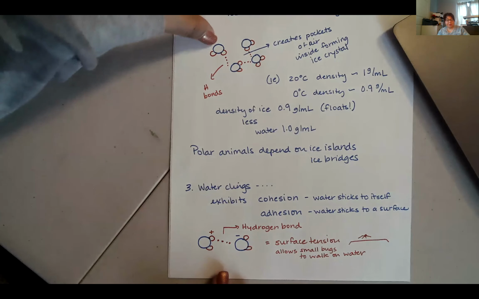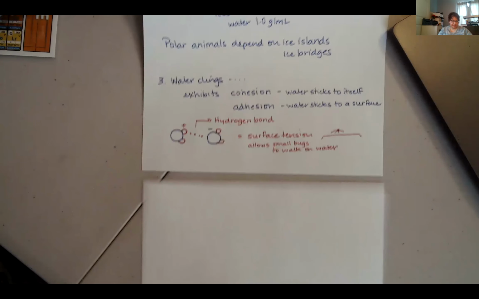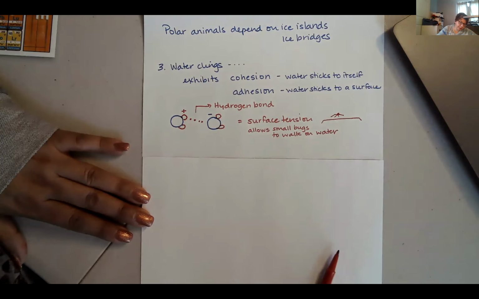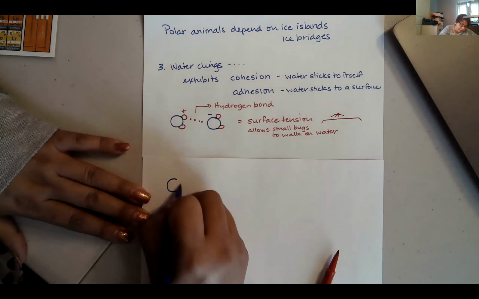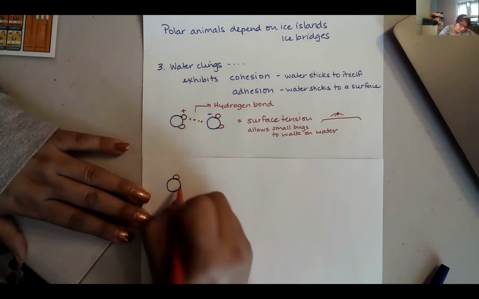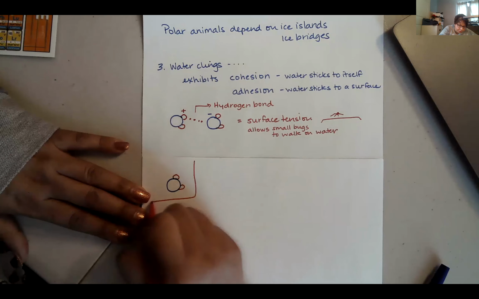When we talk about water's adhesiveness, okay. So when we talk about adhesion, and we'll draw our water molecule again, we'll just draw one this time. Let's say our water molecule is inside of a tube.